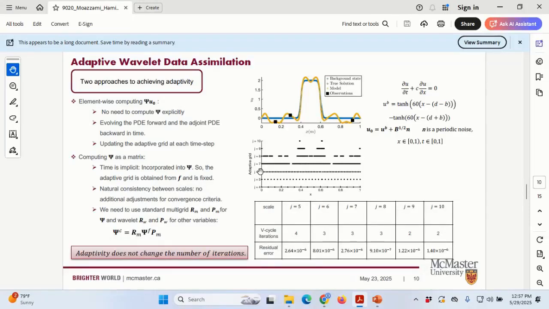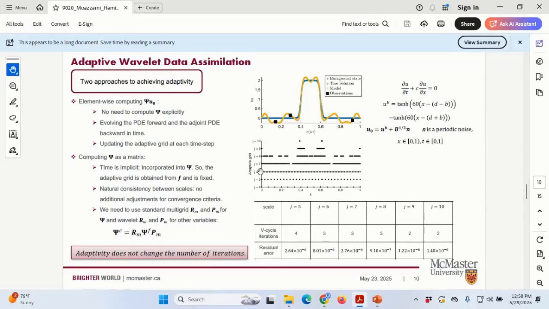We can compute directly element-wise, or we can first compute the Hessian psi as a matrix and then multiply it by u. That makes fundamentally different the approach that we choose for adaptivity. When psi is computed as a matrix, all those PDEs are incorporated into the Hessian and the time is implicit. So there is no time, and then we find the adaptivity based on the right-hand side F, which turned out to work very well.